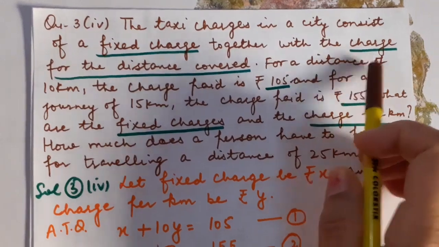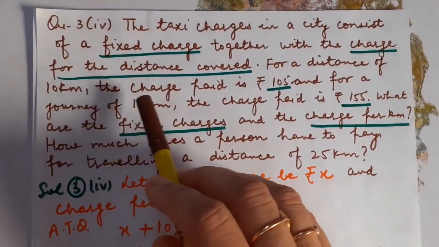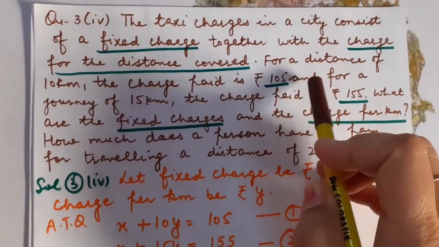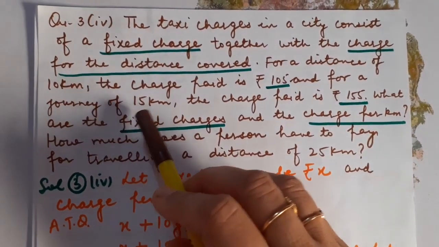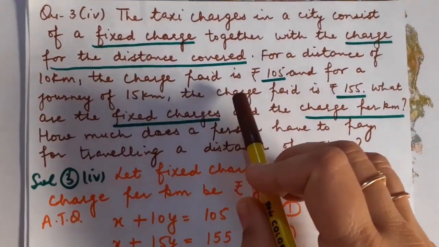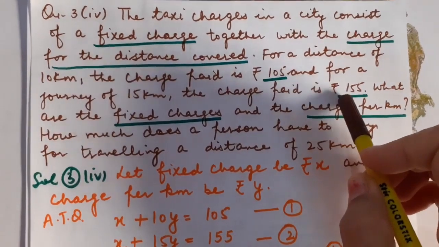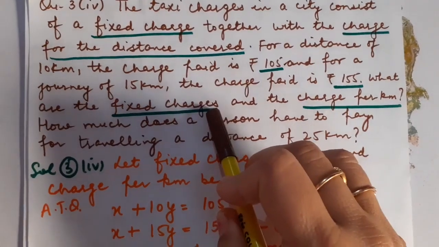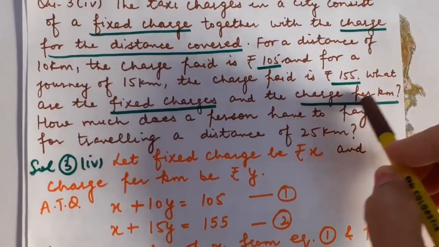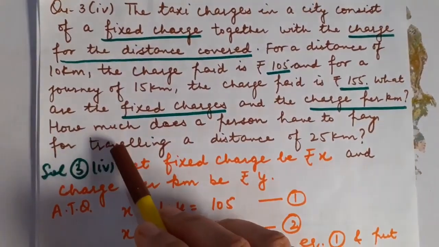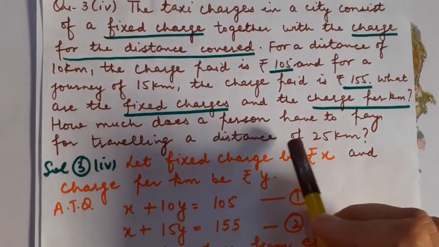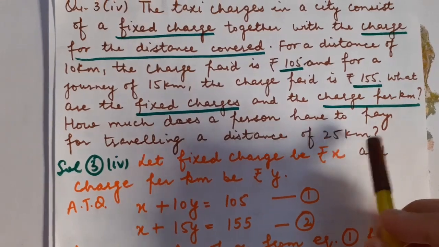For a distance of 10 km, the charge paid is rupees 105, and for a journey of 15 km, the charge paid is rupees 155. What are the fixed charges and the charge per kilometer? How much does a person have to pay for traveling a distance of 25 km?